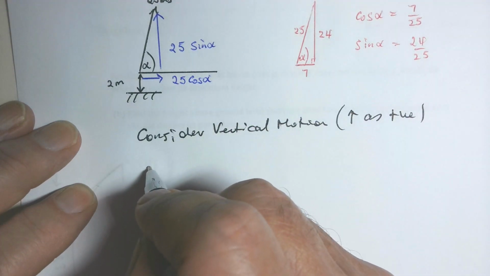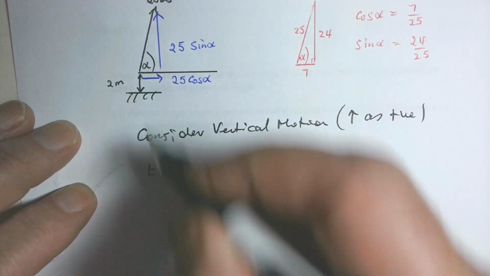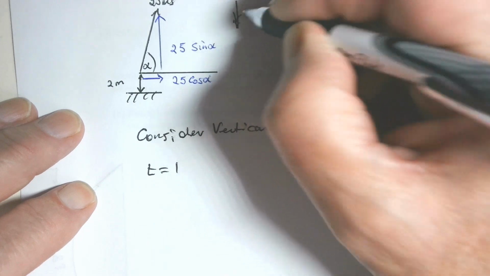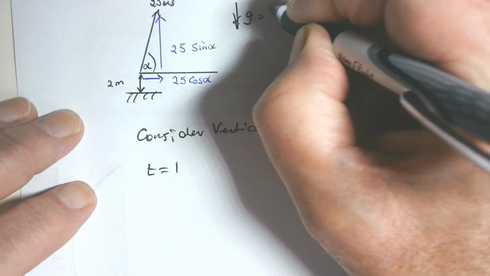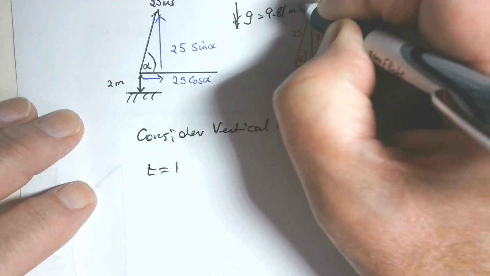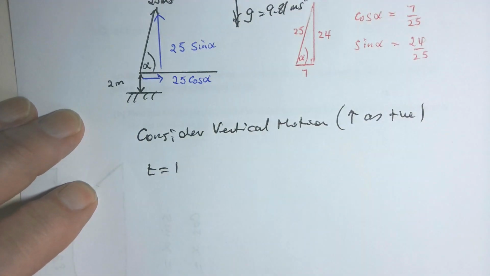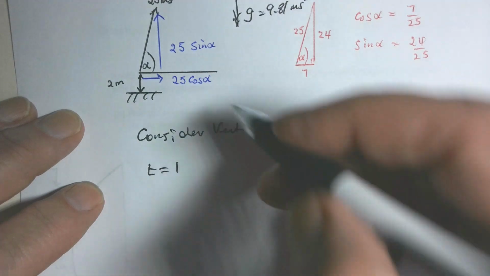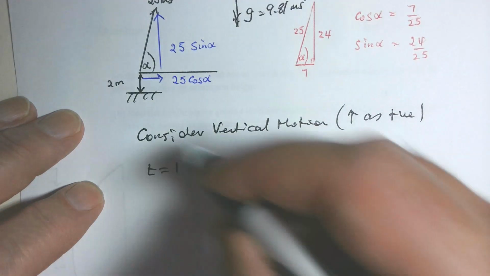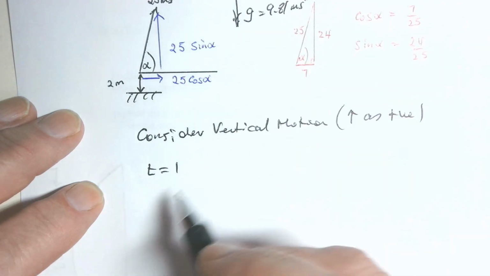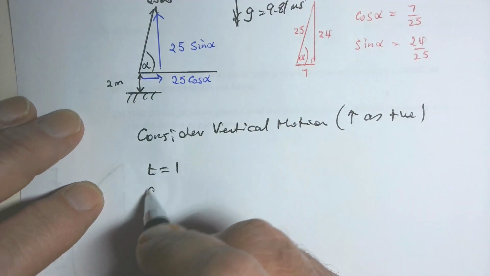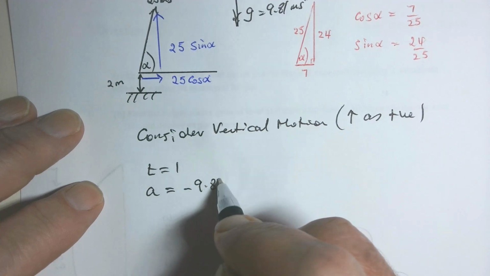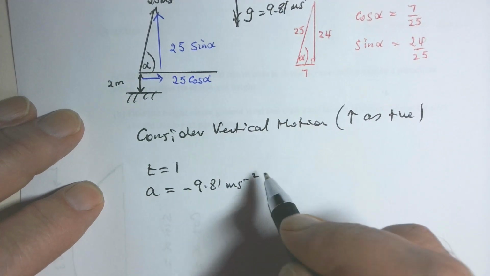So the time is 1 second. Gravity is acting downwards, so if we're taking upwards as positive, then the acceleration is minus 9.81 meters per second squared.